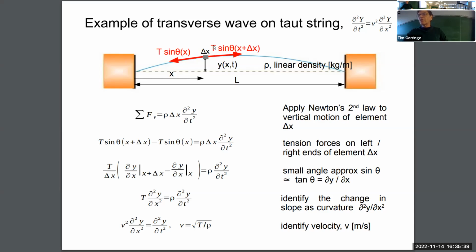And then, of course, there's the tension in the string, and that's T. And so we're just going to apply Newton's second law. We'll apply it just to this little element of the string. And out of Newton's second law, for that element of the string, we'll see emerge the wave equation for the elements that make up the string.